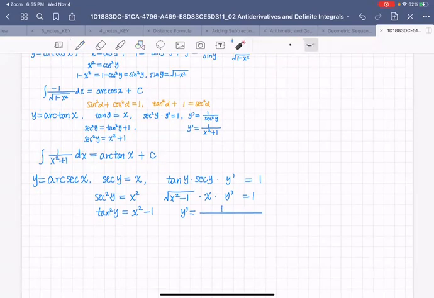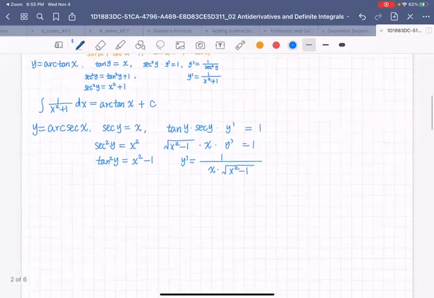If you choose calculus AB, they will not test you on this, for sure. But if you choose calculus BC, you have to do this. So the formula becomes more complicated.